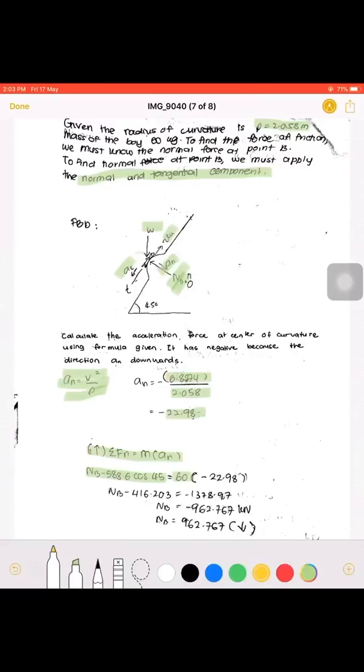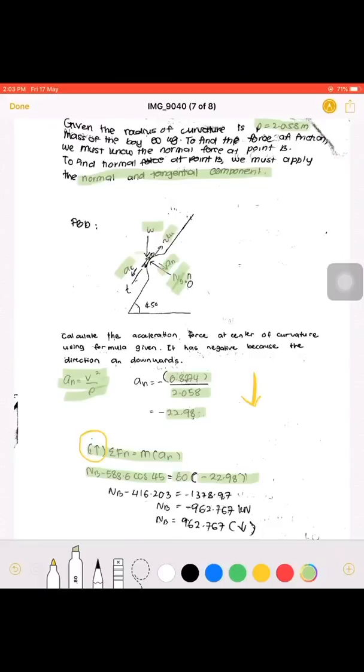Why is AN negative? Because AN direction is downward. We assume that summation Fn equal to m AN upward is positive, so AN downward will be negative. We substitute into this formula.